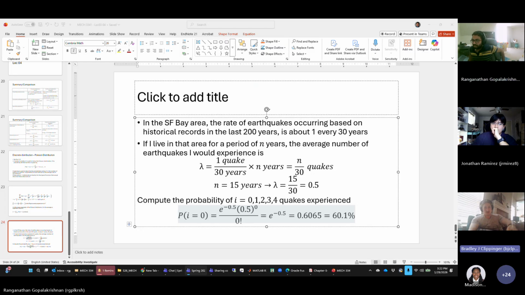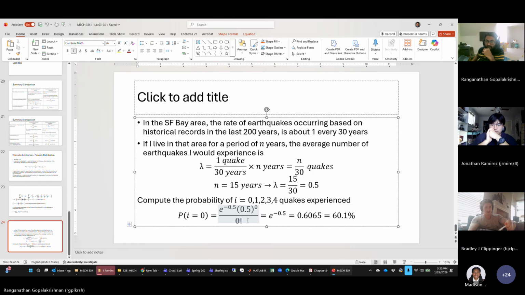I have a question. Yes, go on. Can you explain the 0 factorial to me? Because I thought anything that was divided by 0 is undefined. So 0 factorial, in the field of combinatorics, they define it as 1. Wherever it appears, we just say it is 1, but it's a definition.